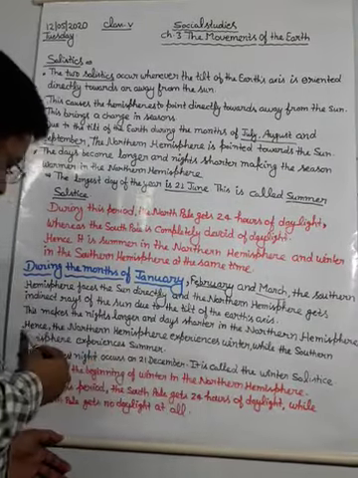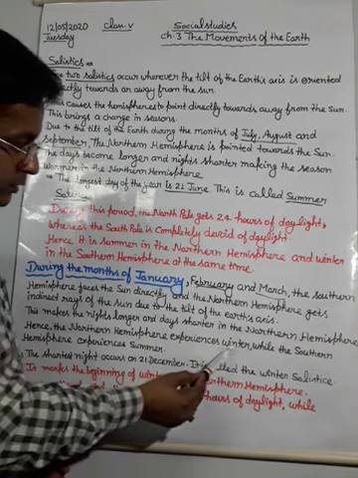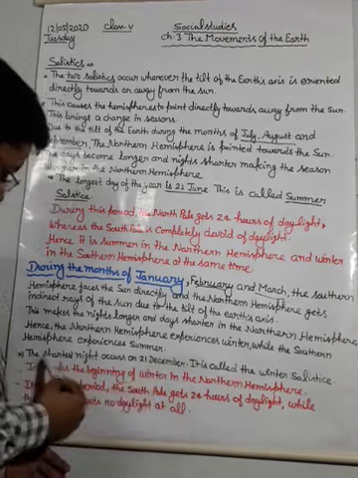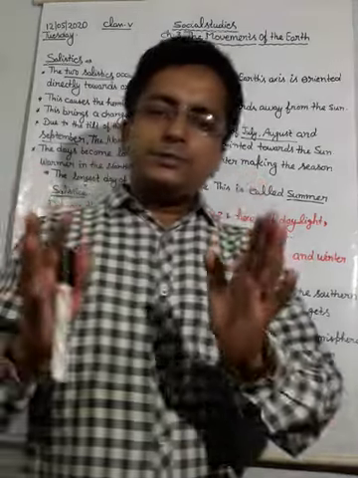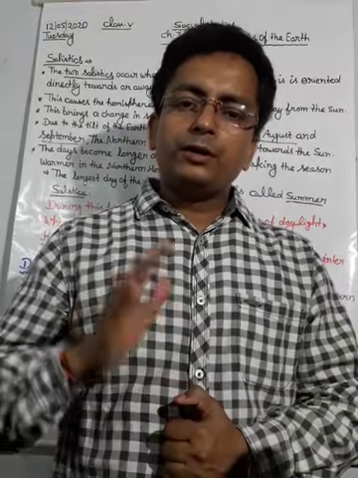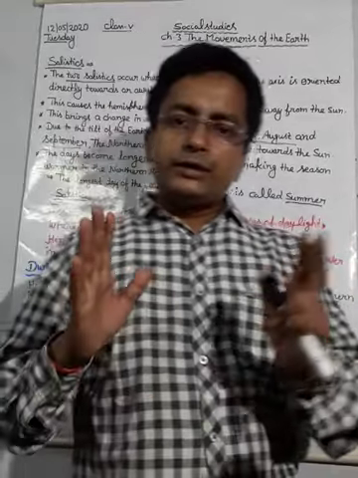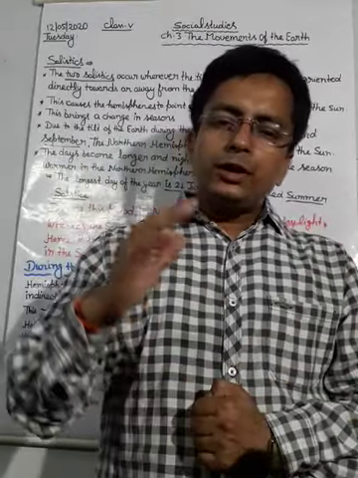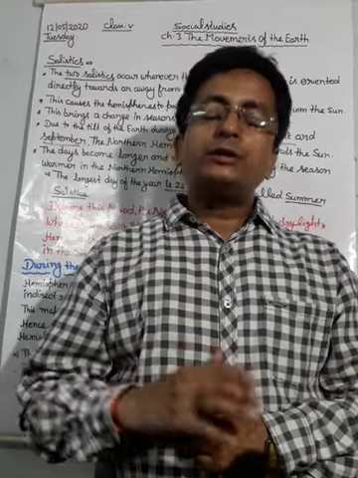And what about the southern hemisphere? Hence the northern hemisphere experiences winter while the southern hemisphere experiences summer. At the same time, when we enjoy winter in January, February and March, the southern hemisphere enjoys summer.